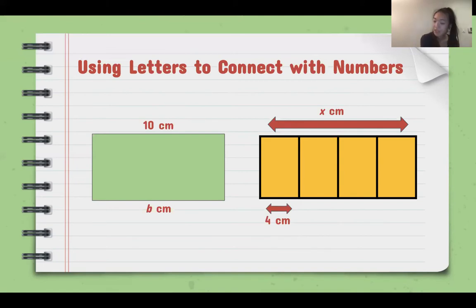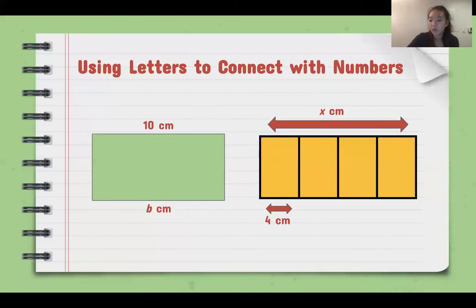It's also a rectangle, but this one's showing you how many centimeters the units are in each section. So it says X centimeters for the whole top portion. So we want to fill in what X is. So we know that one part of the rectangle is going to be 4 centimeters and we have 4 parts.